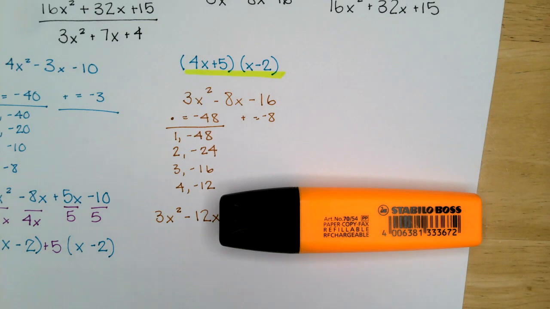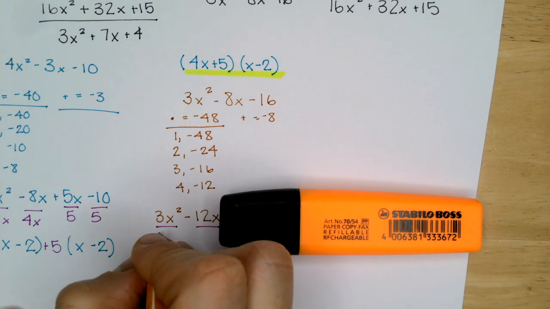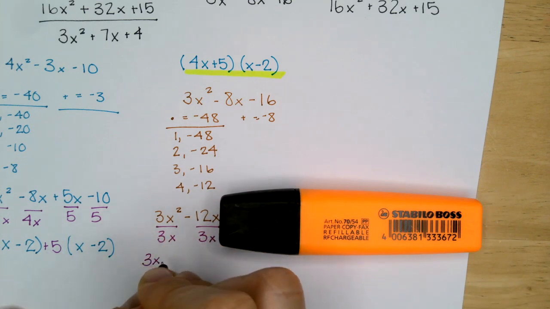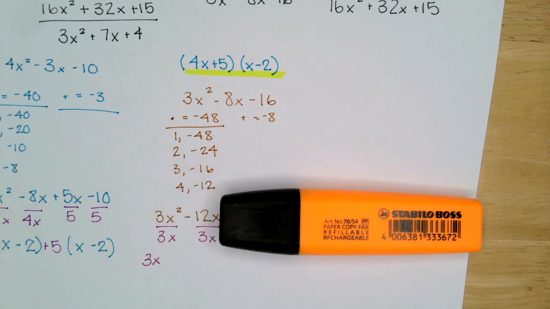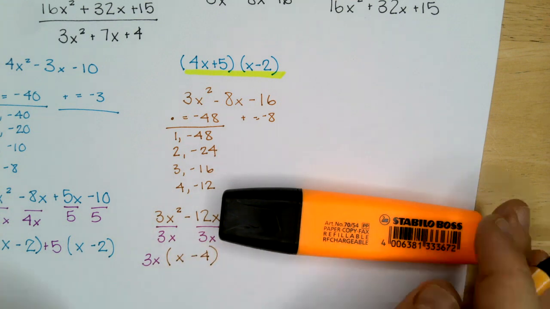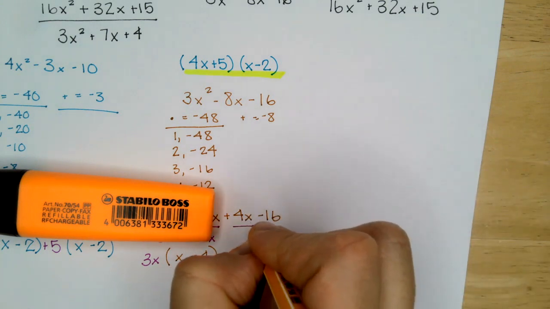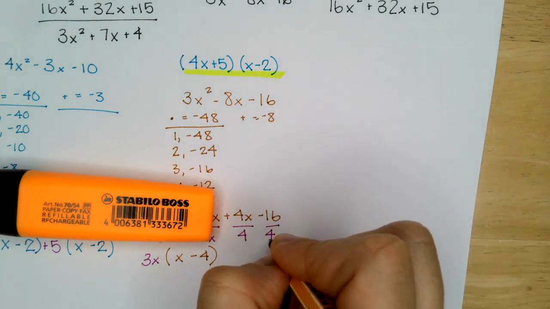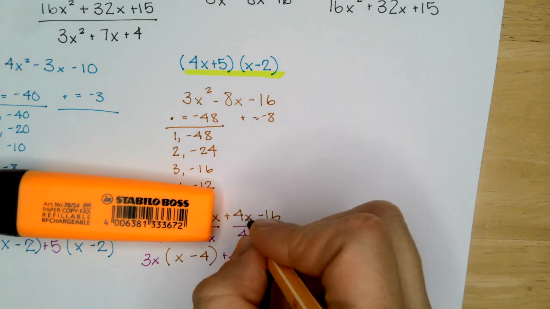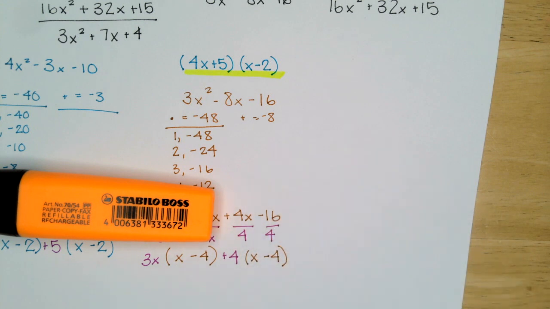Those first two terms, 3x squared minus 12x, I can divide out a 3x. So it'll be 3x times x minus 4. 4x minus 16, I can divide out a 4. And I get an x minus 4. 4x divided by 4 is x. Negative 16 divided by 4 is a negative 4. Good.